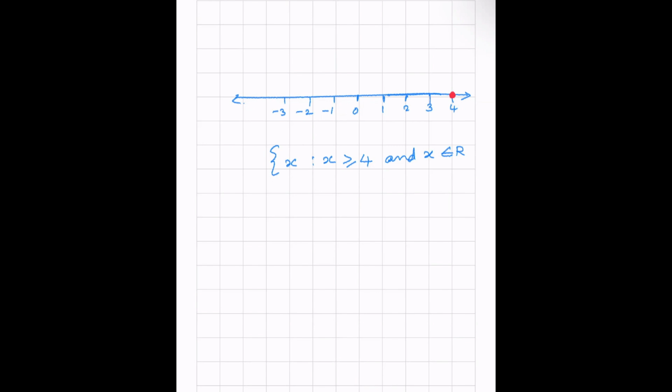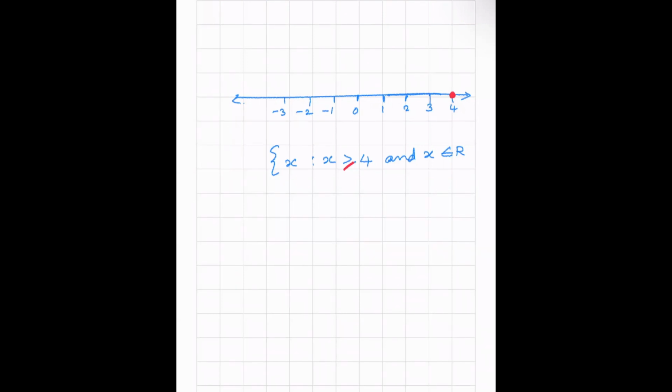Because in the solution set, they have given x is greater than or equal to 4. Do you see an equal to symbol here? When equal to symbol is given, that means including 4 and greater than 4. Okay, 4 and numbers bigger than 4.